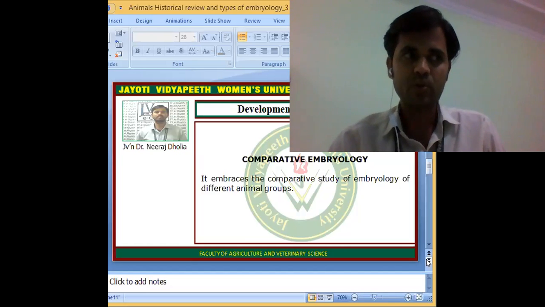Okay, so embryos are there. So in embryological development, what are the changes? Like fishes, birds, mammals, and amphibians, the embryos are there.